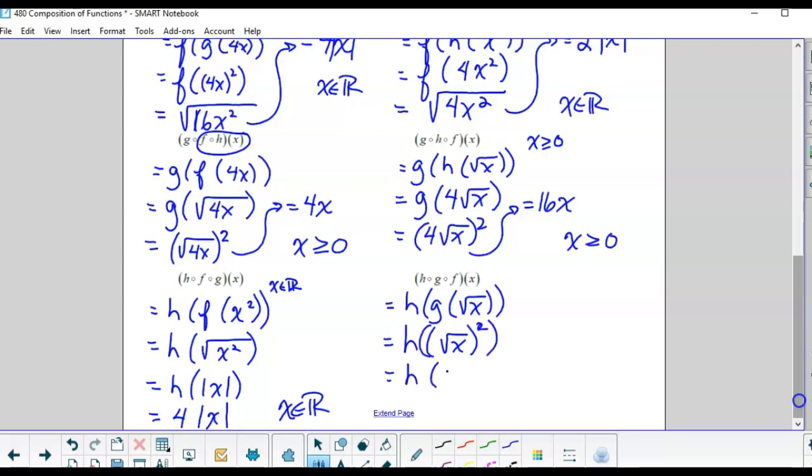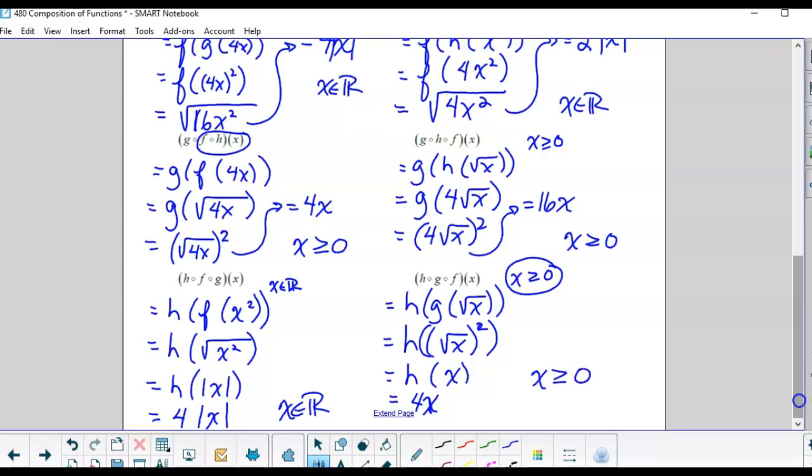So, sorry, this is x, and then that's 4x. Okay, so now x has to be greater than or equal to 0 to start. We square it to get x. That's all real numbers. Where did the overlap? Here. And then multiplying by 4 doesn't change anything. So x greater than or equal to 0.